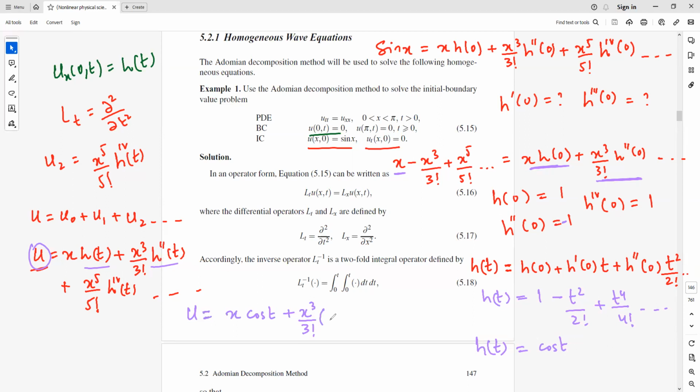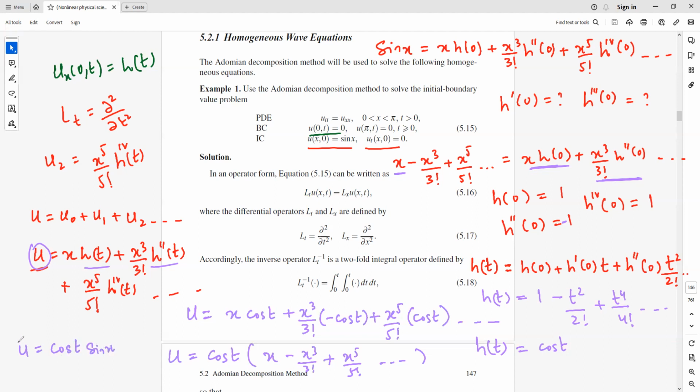So h double prime of t is negative cosine t, plus x to the power 5 over 5 factorial, and the fourth derivative is going to be positive cosine t and so on. Therefore, if we take cosine t as common, we are left with x minus x cube over 3 factorial plus x to the power 5 over 5 factorial and so on. And this is nothing but the Taylor series expansion of sine x. Therefore, the solution to this problem is going to be u equals cosine t times sine of x.